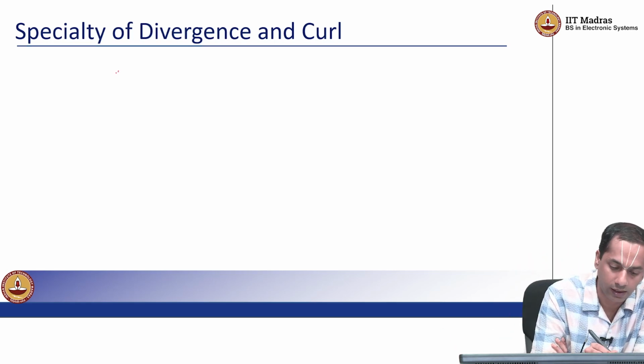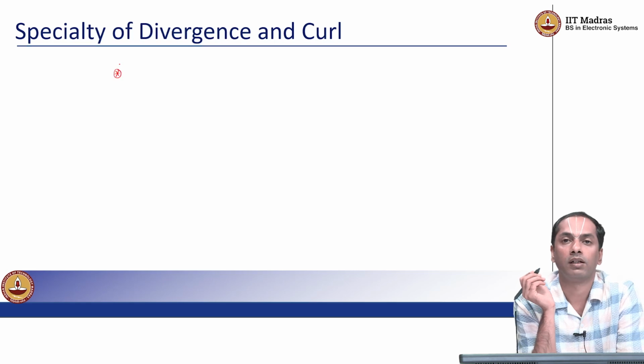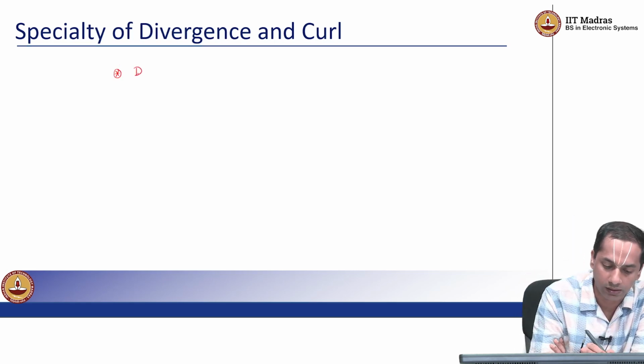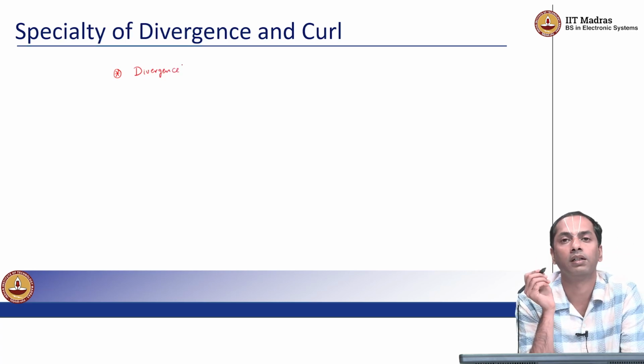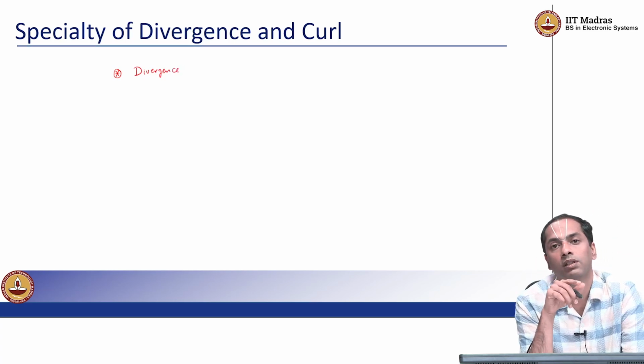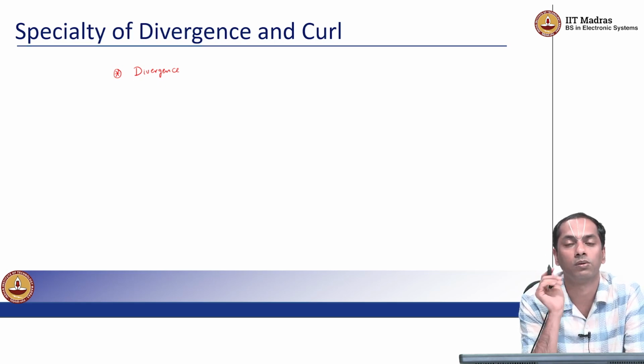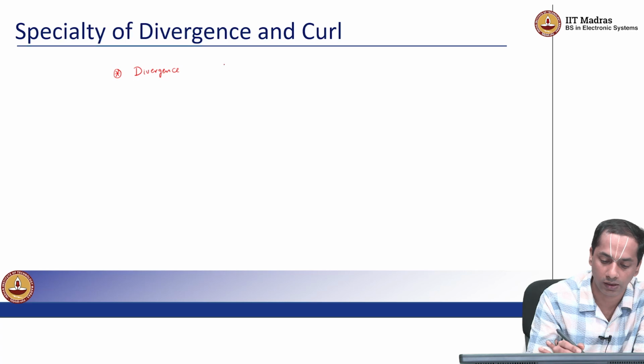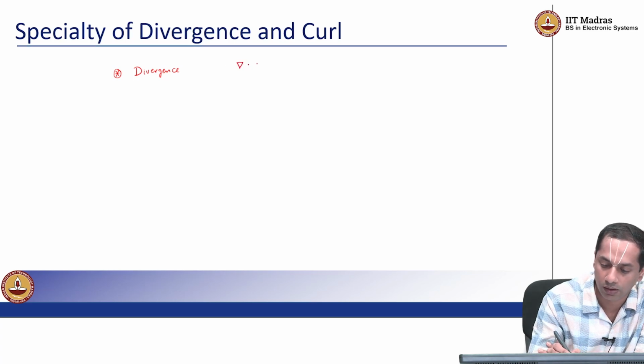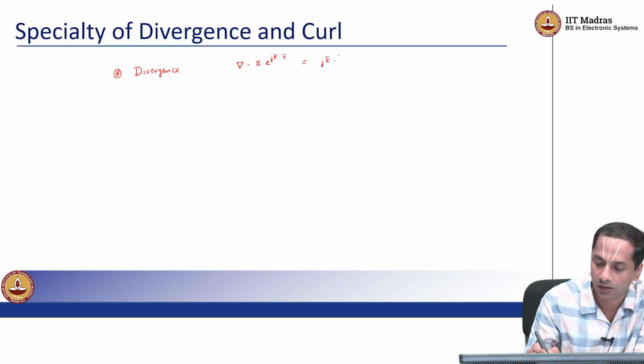So finally, I'd like to say that the divergence equations essentially give you the component of the vector field that is aligned to the direction of choice, right. So remember, del dot A e to the j k dot r was j k dot A e to the j k dot r, right.